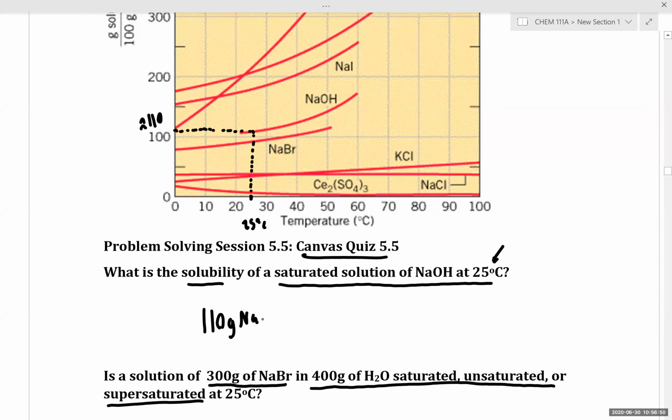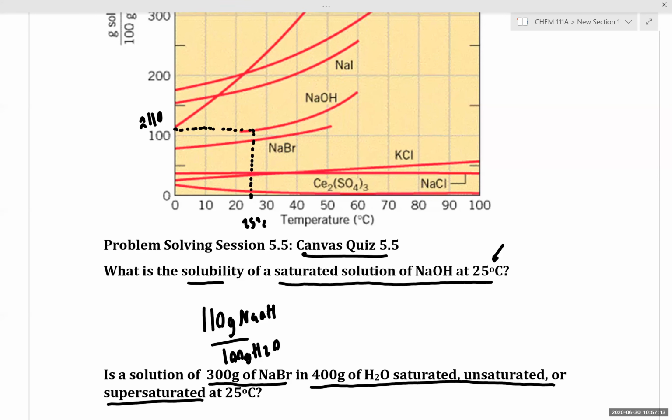But 110 grams of sodium hydroxide per 100 grams of water is a reasonable assignment for the maximum solubility. Does this make sense to everyone so far? Any questions so far? If not, let's look at this next example.